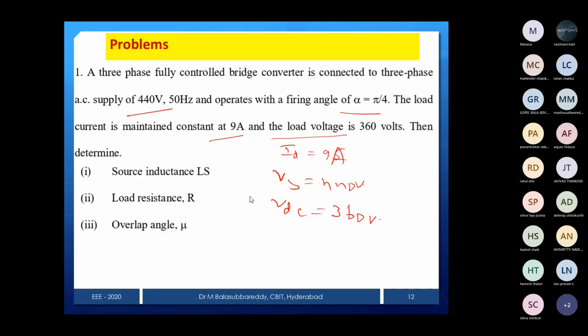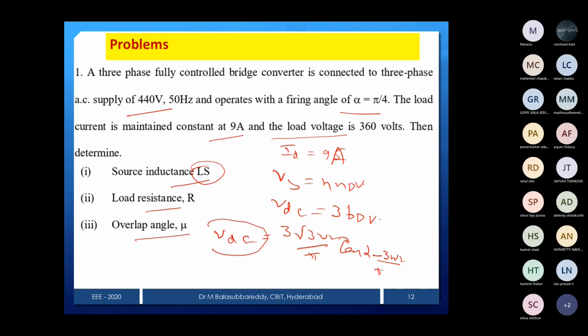Then determine, this problem is related to the overlap problem. So determine the source inductance, load resistance, and overlap period. To get the source inductance, we have to use the direct formula. VDC is equal to 3 root 3 Vm by pi into cos alpha minus 3 omega Ls by pi into Id.